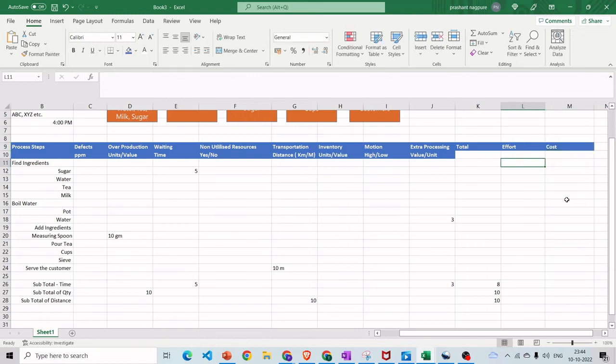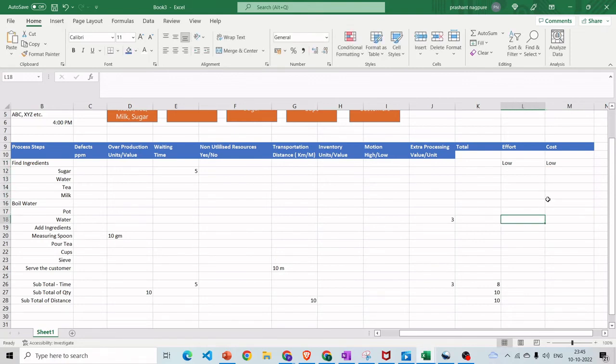So let's say to eliminate the waiting time that it took for us to find the sugar container, it's low effort and the cost is also low, right?